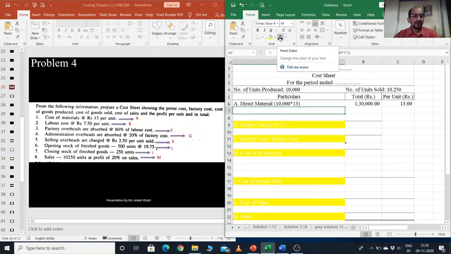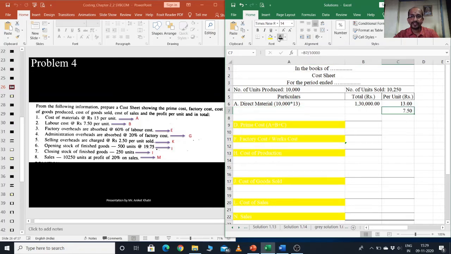Next, labor cost. Again, it is 7.50 per unit. So again, we need to multiply it by 10,000. This will be our total cost, 75,000 rupees. Then direct expenses are not given, so we will just put a dash.